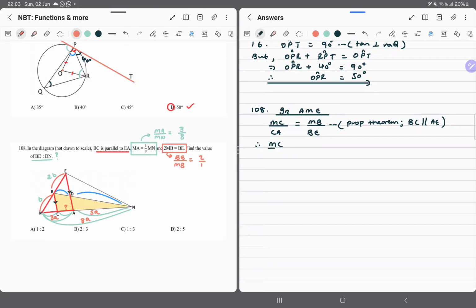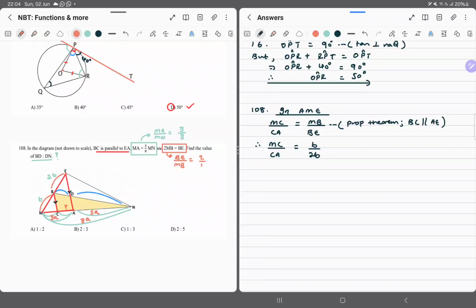Great, so this means our MC over CA is essentially MB over BE, which is going to be B over 2B. Now remember, these B's must show up in your diagram. They must show up. Otherwise, don't write them here if you didn't show them in the diagram.